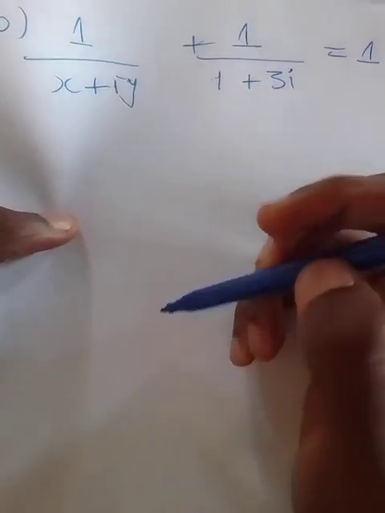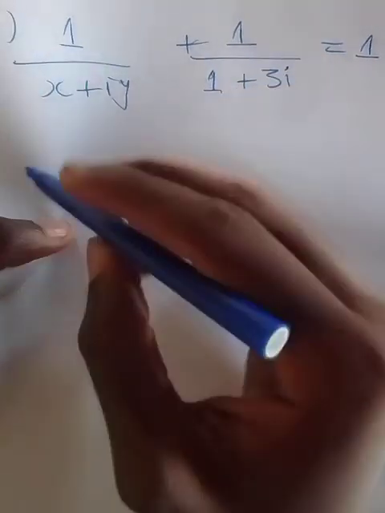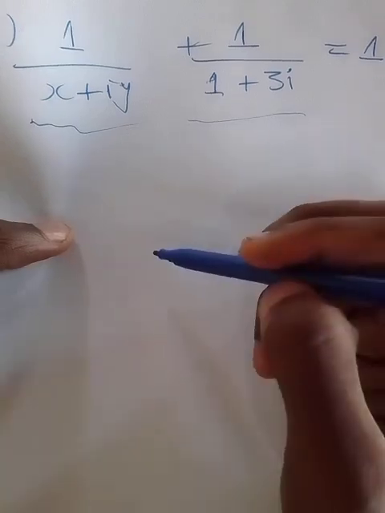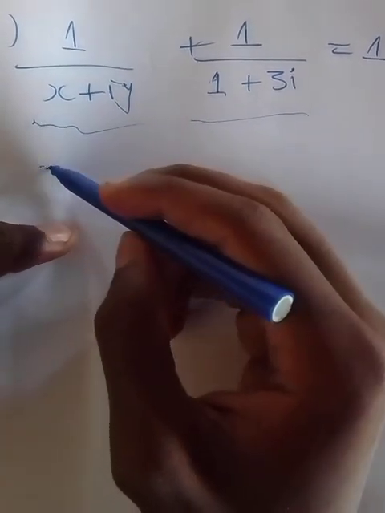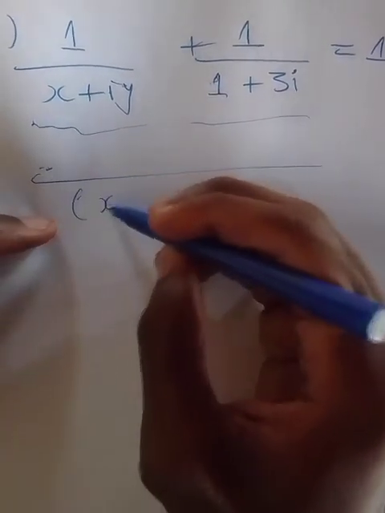As you can see, we have this fraction and this fraction. So first of all, we're going to find the common denominator. You're going to say x plus iy, and here you're going to say 1 plus 3i.